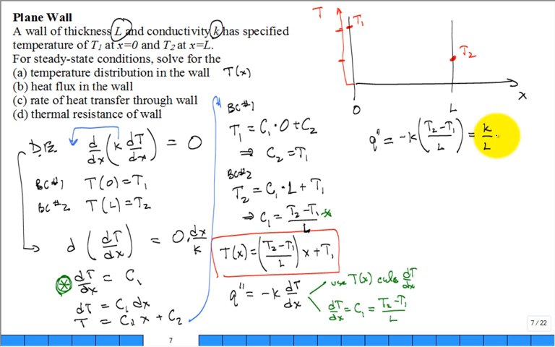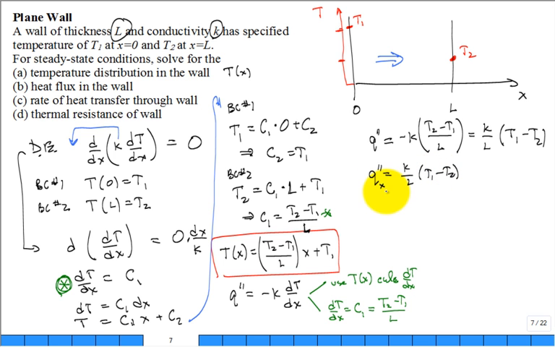K over L times T1 minus T2. True? And if I'm thinking of heat transfer flowing from left to right, doesn't T1 need to be greater than T2? Yeah. So the answer for part B, the heat flux, is equal to K over L times T1 minus T2.